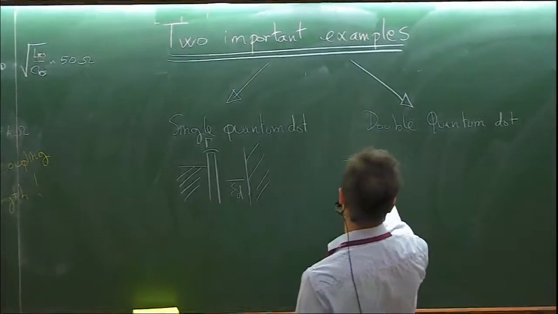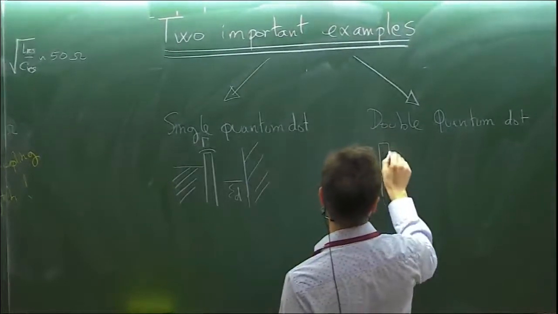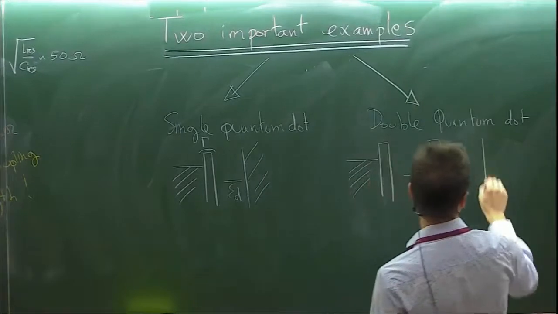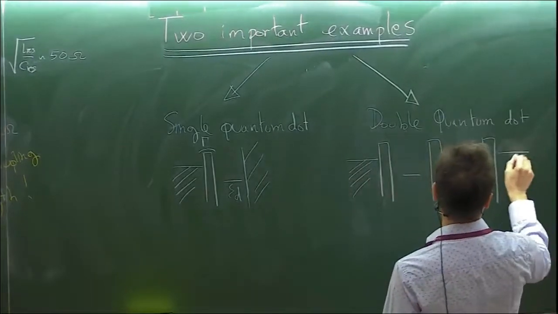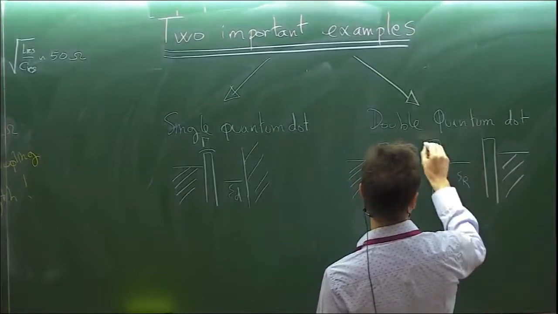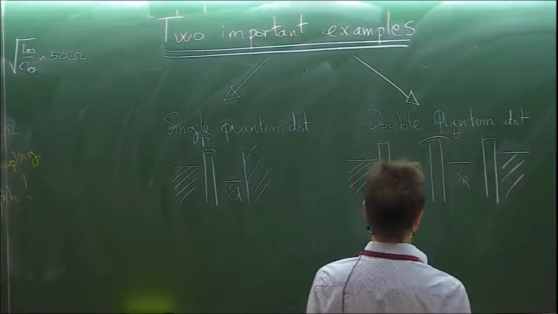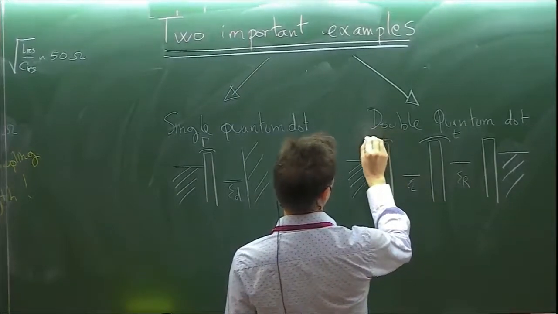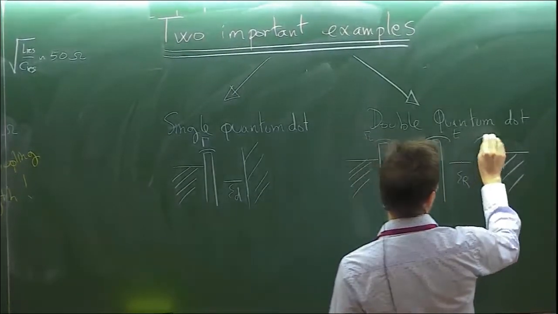Maybe we'll go faster on this, which is something like this. I have epsilon left and epsilon right. I have a coupling here between the left and right, which is T, and then these couplings here, we will put to very, very weak.